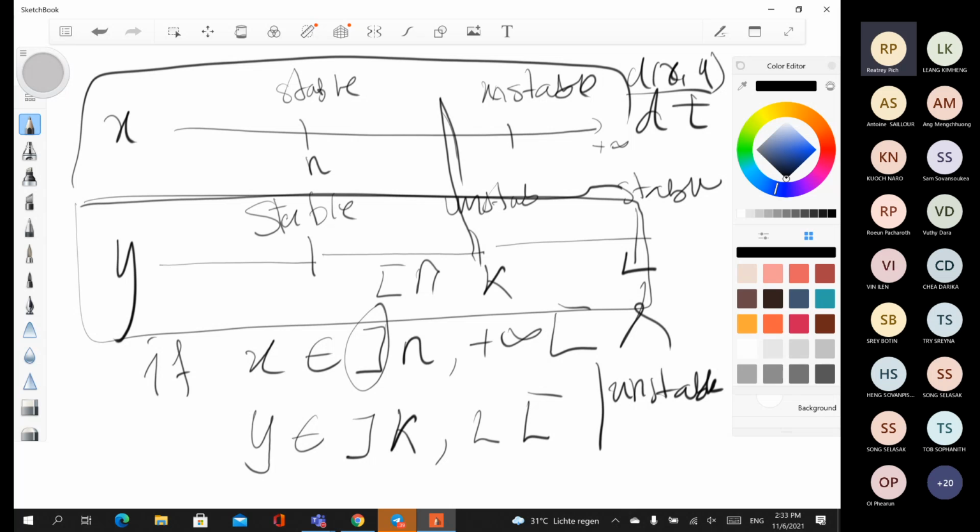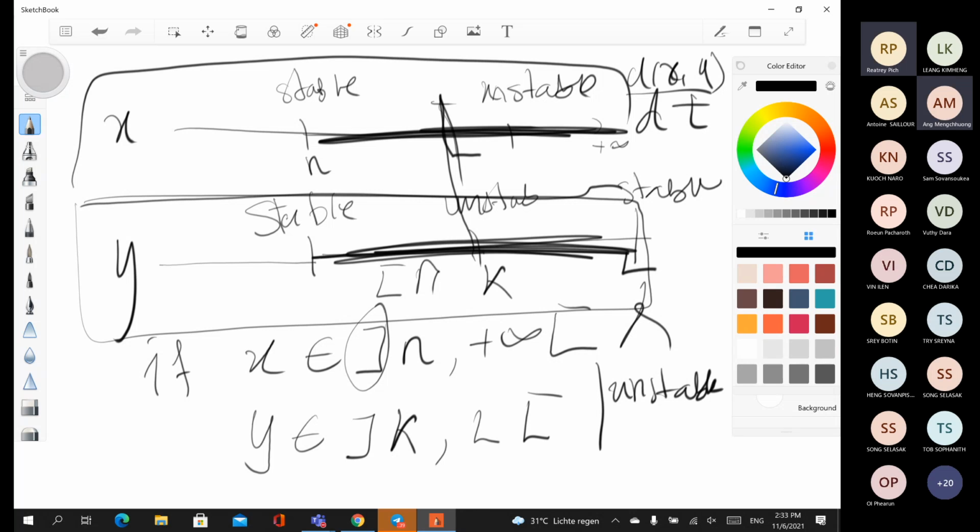So you have to make a constraint only for the unstable condition. For example, unstable is from here to here. This one is unstable, right? Yes, sure. So for y, from here to here, this is unstable too.